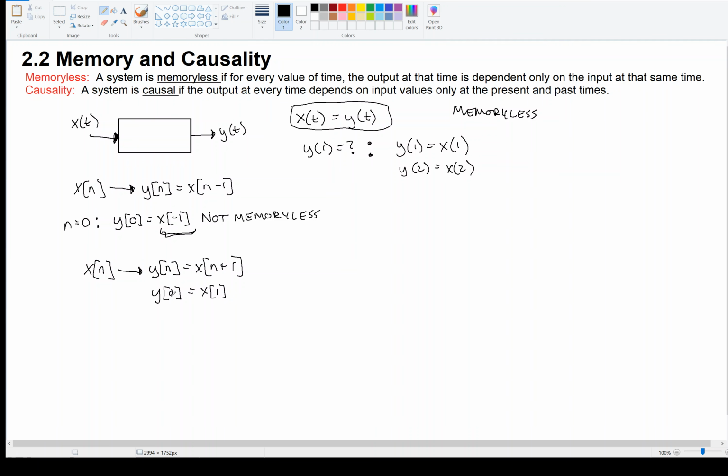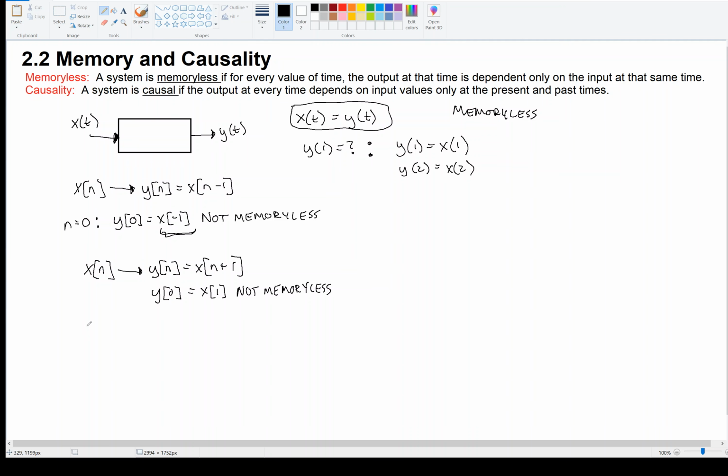Because the output at time 0 depends on the input at something else other than time 0, this is not memoryless. So be careful here. Memory is usually thought of as something that happened in the past. But for our definition of memoryless, it can happen in the future as well and still not be memoryless.